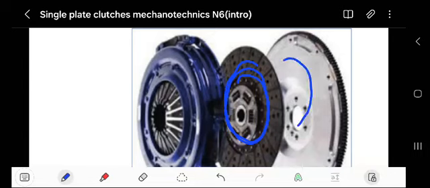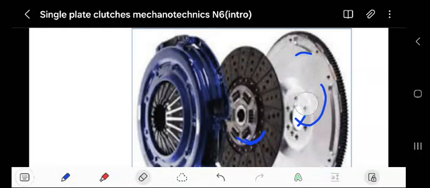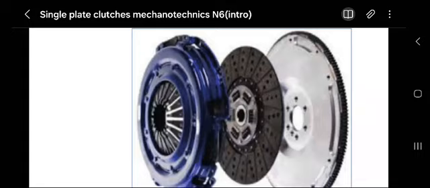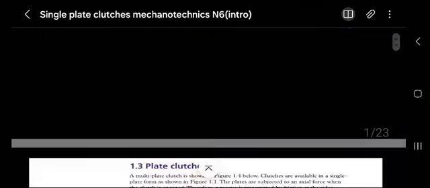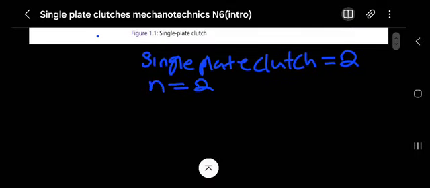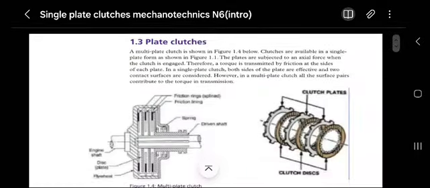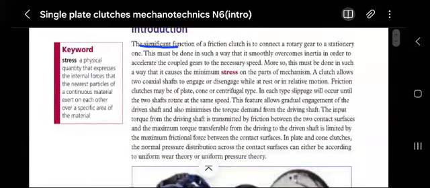This plate will contact this disc on both sides, so the number of contacts, represented by n, is equal to 2, right? So that was a single clash plate so far.